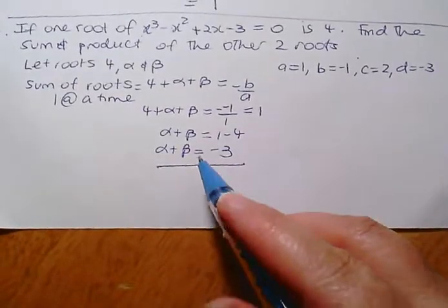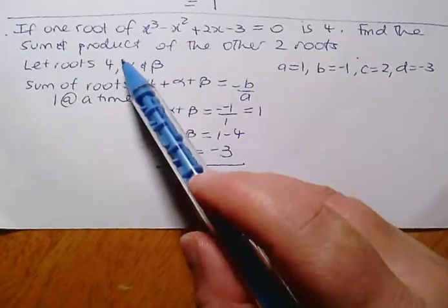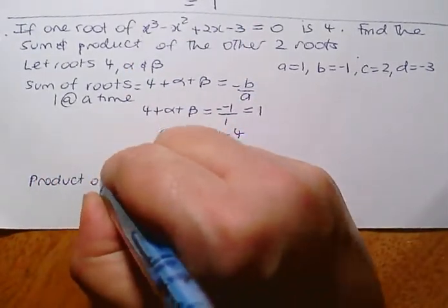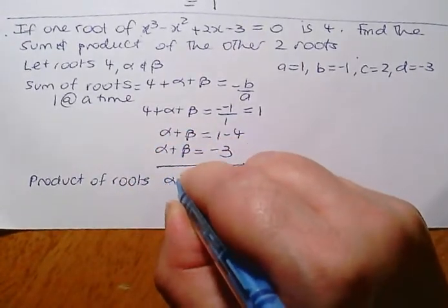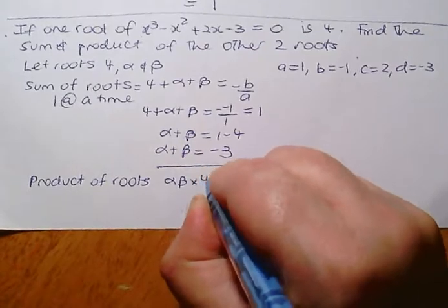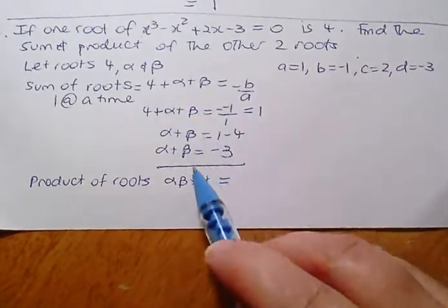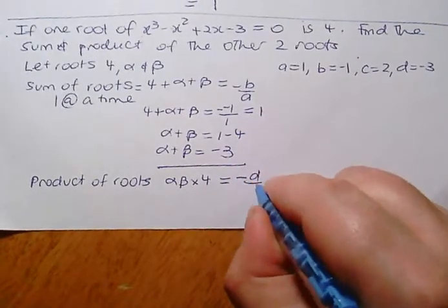Now for the product of the other two roots, I'm just going to do product of roots rather than sum of roots 2 at a time. So the product of the roots is alpha times beta times 4, and remember that's negative d on a.